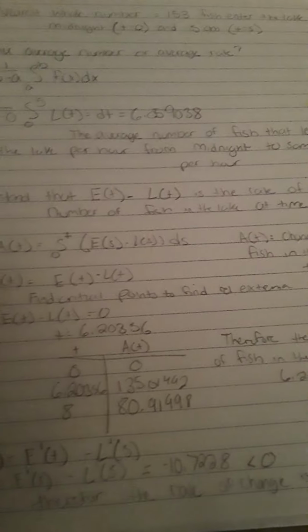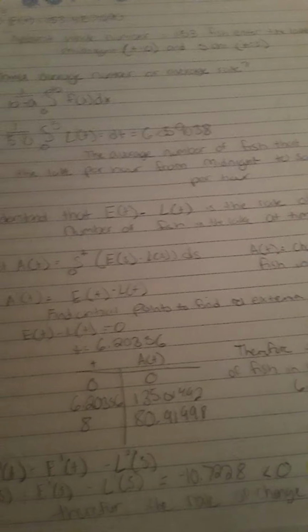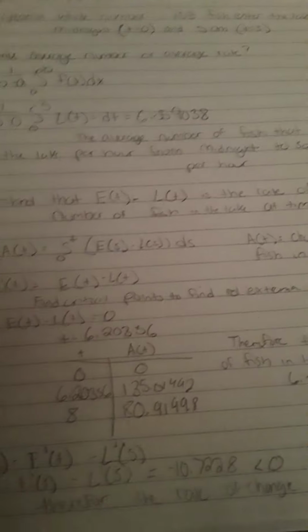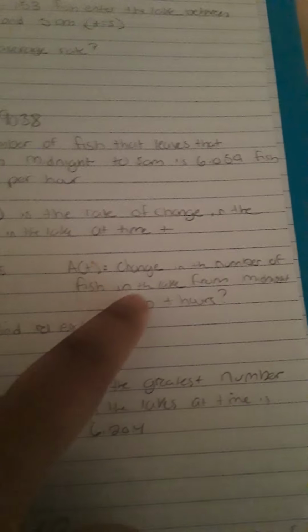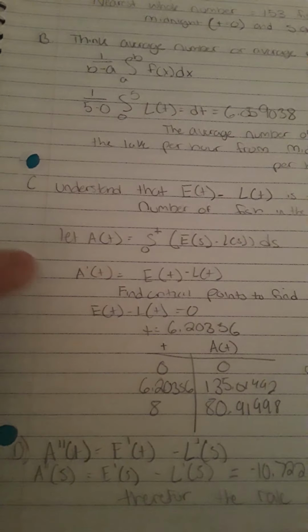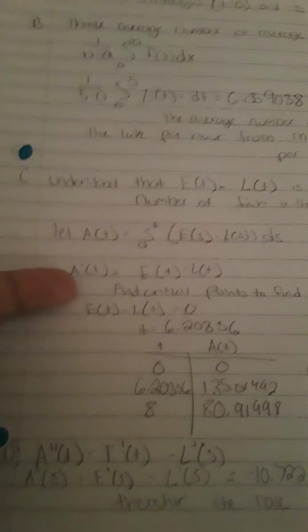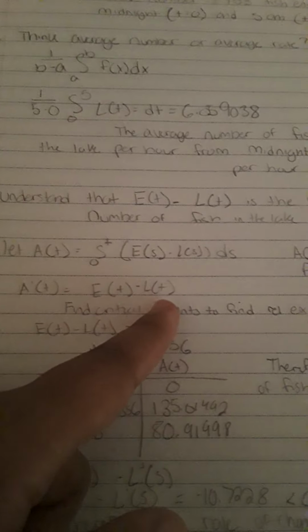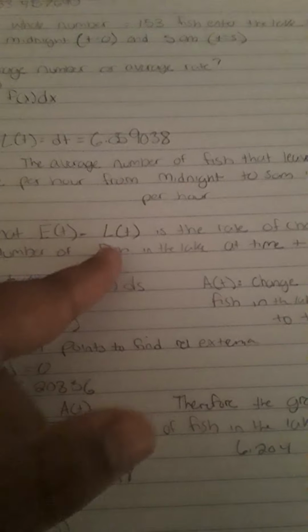A(t) is going to represent the change in number of fish in the lake from midnight to t hours. So basically you're going to take the derivative of A(t), and when you do that, it's going to be E(t) minus L(t), which is up here. It basically is the same thing.